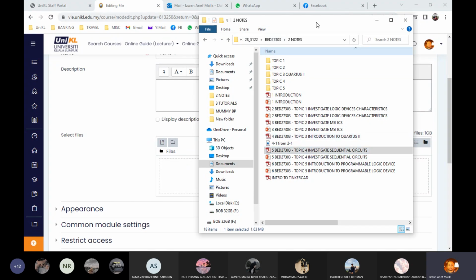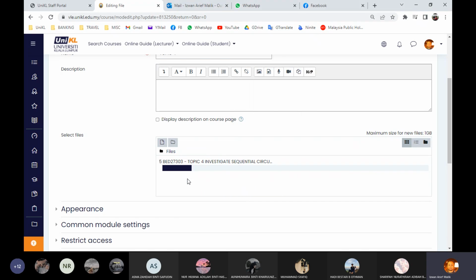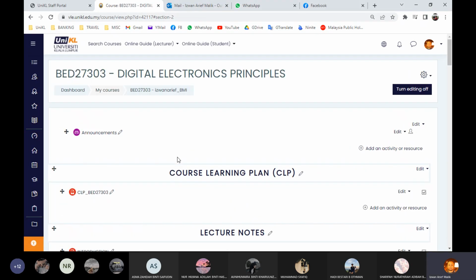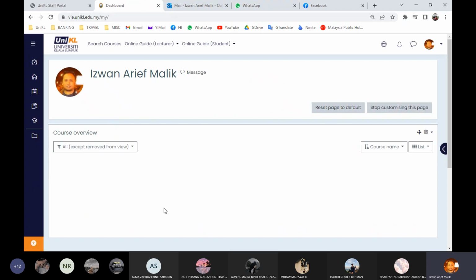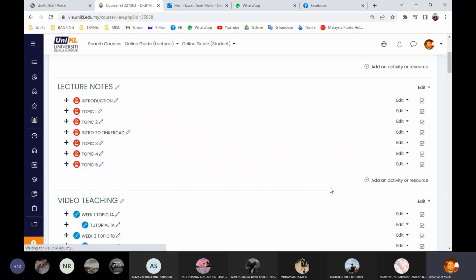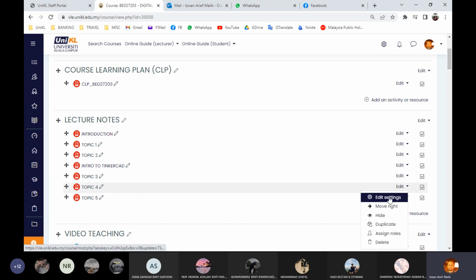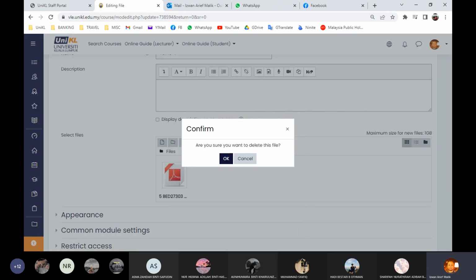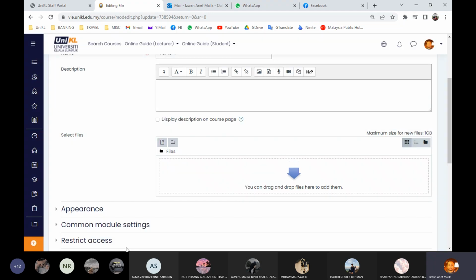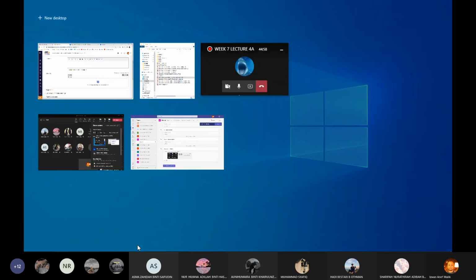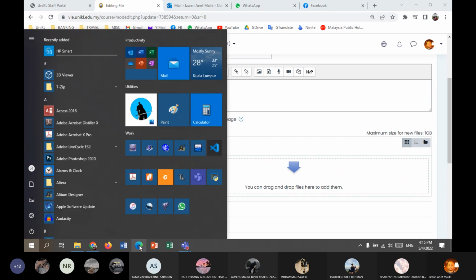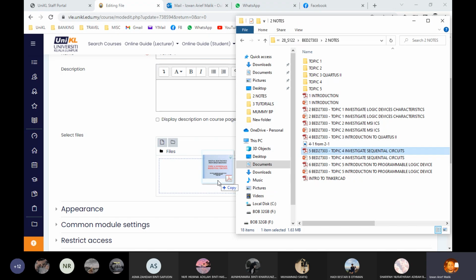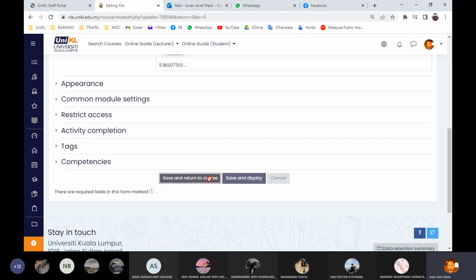The file topic 4 sequential sequence. Okay, so please use the latest one. Okay, untuk mengelak kekeliruan 27203, I'll change them as well. My notes, topic 4. Yes. Okay, so saya dah ganti untuk dua-dua subjek lah.